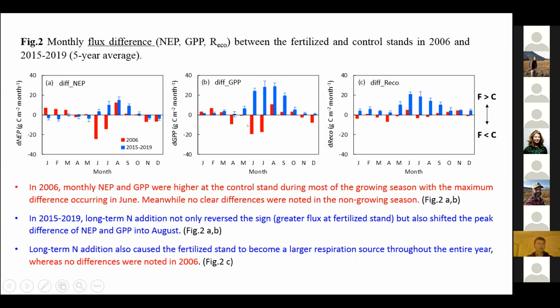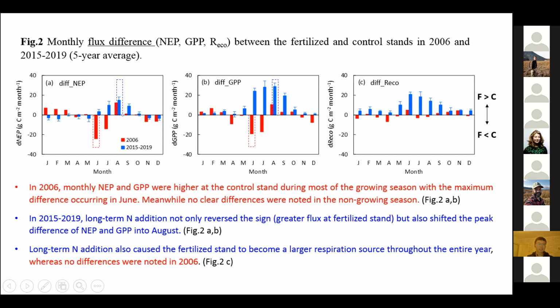Then we look at the monthly flux difference of NEP, GPP, and respiration between the two stands, in 2006 represented by the red bars, and 2015 to 19 by the blue bars. We can see that in 2006, the control stand had higher NEP and GPP during most of the growing season, with the maximum difference occurring in June.